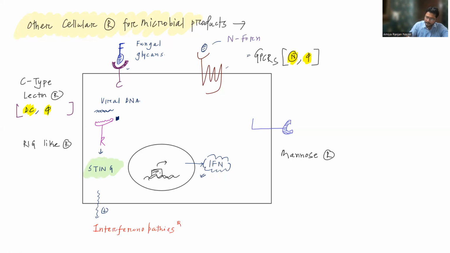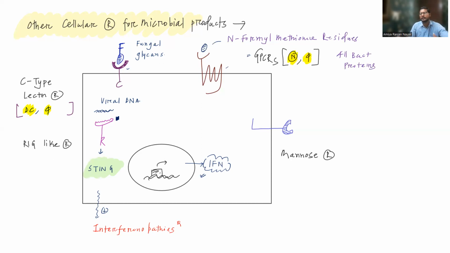Okay, these N-formyl methionine residues are going to be present in all the bacterial proteins, and some of the mammalian proteins that are produced inside the mitochondria.